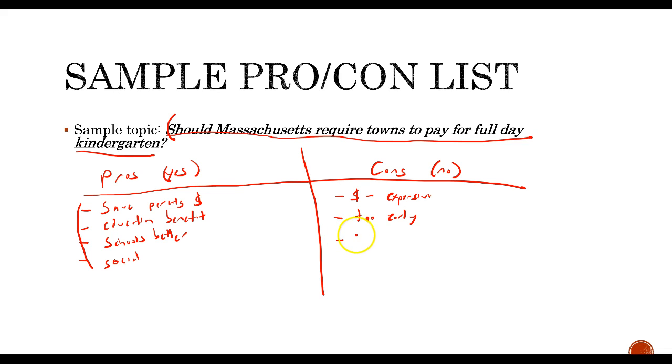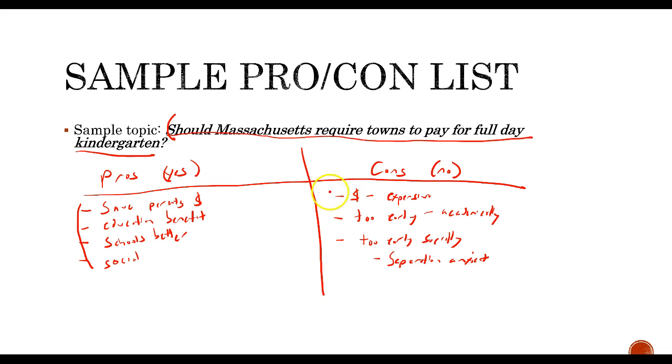Maybe developmentally they're not ready, so it could be too early academically, or it could be too early socially. That is, maybe they have separation anxiety, that I know a lot of kids get when they first go to school.